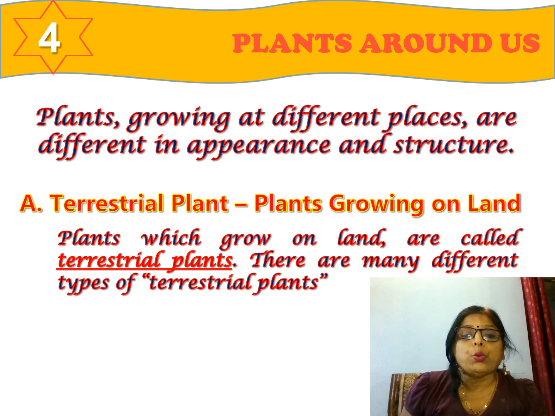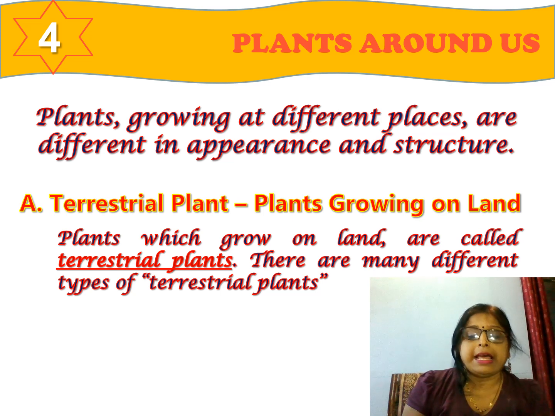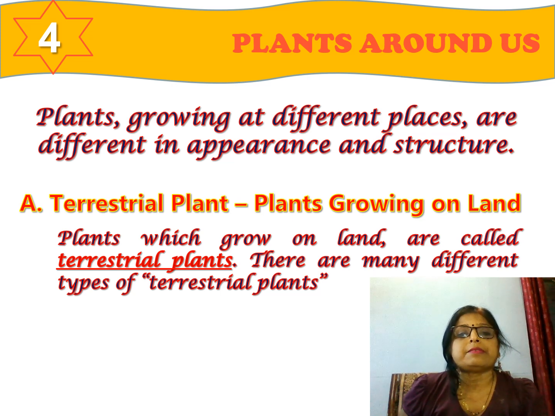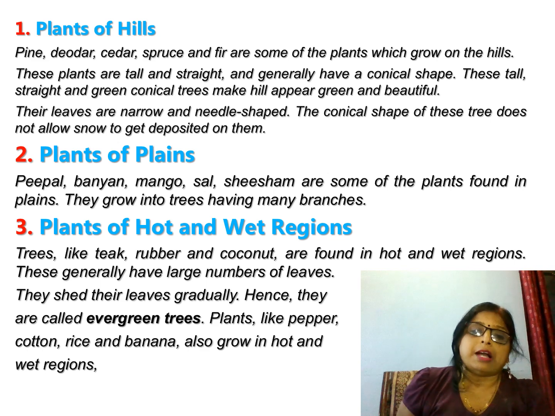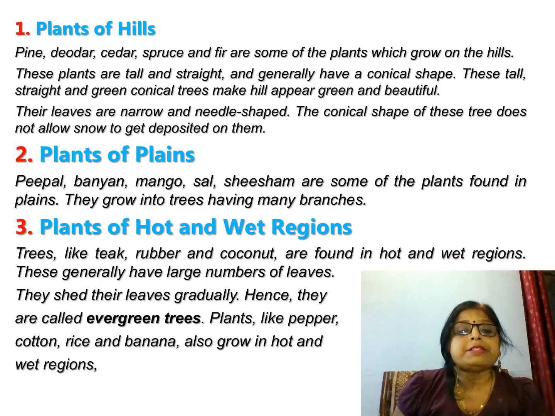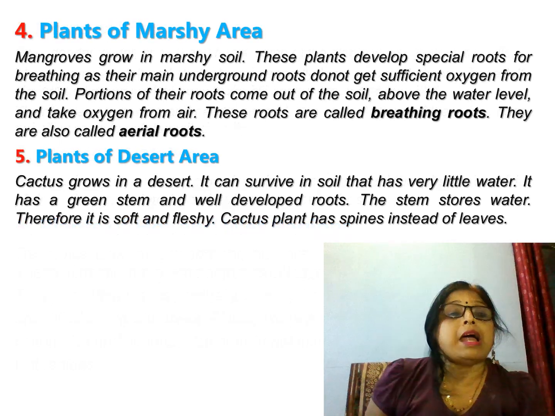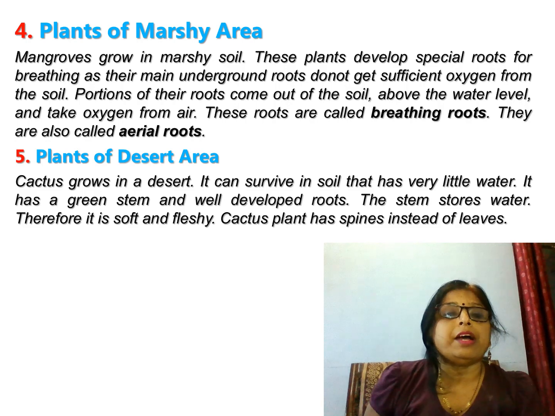Plants which grow on land are called terrestrial plants, and there are many different types of terrestrial plants. Different types of terrestrial plants are plants of hills, plants of plains, plants of hot and wet regions, plants of marshy areas, and plants of desert area.